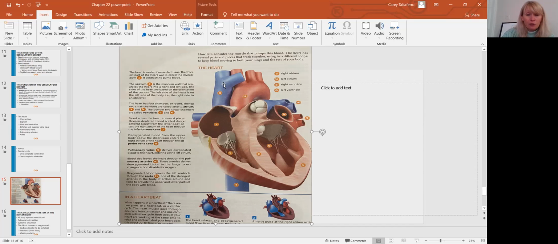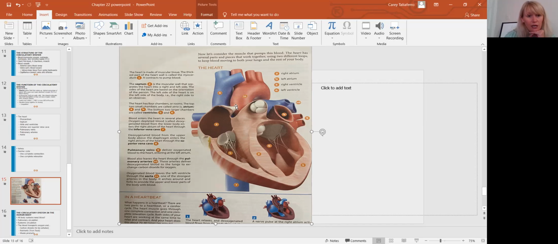As compared to the superior, meaning above. Inferior doesn't mean small or less worthy, it means below or underneath. Superior means above, but not better than. It just means it's literally above. So the superior vena cava also brings in deoxygenated blood, but from above, any blood that's coming from above the diaphragm. Okay, so from the lower body, it enters here to the inferior vena cava, and here, the superior vena cava.